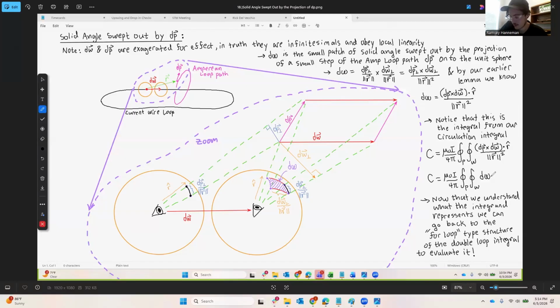So whatever this integral is doing, it is somehow tracking how the amp loop path sweeps over the unit sphere from your perspective, walking the wire.